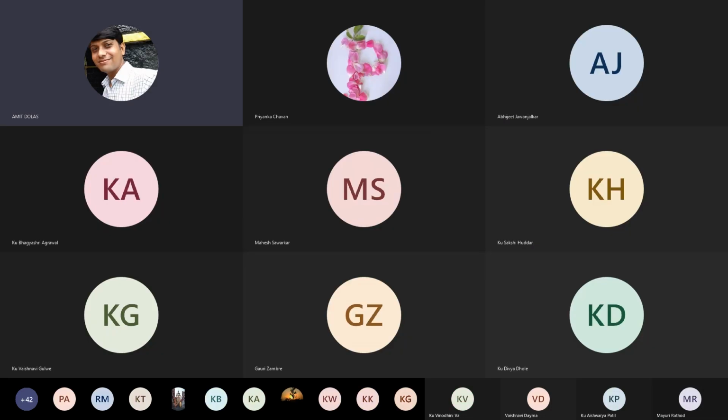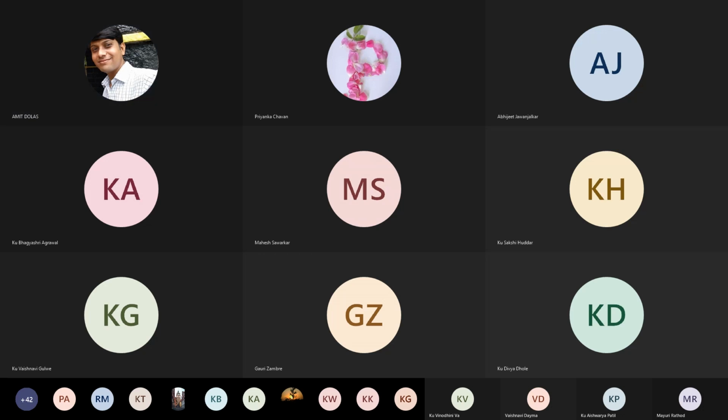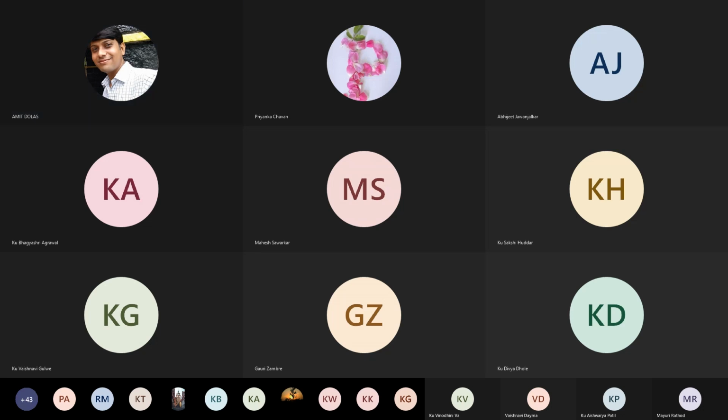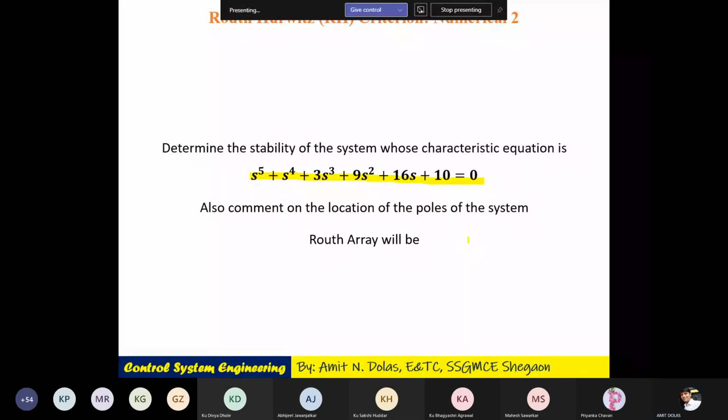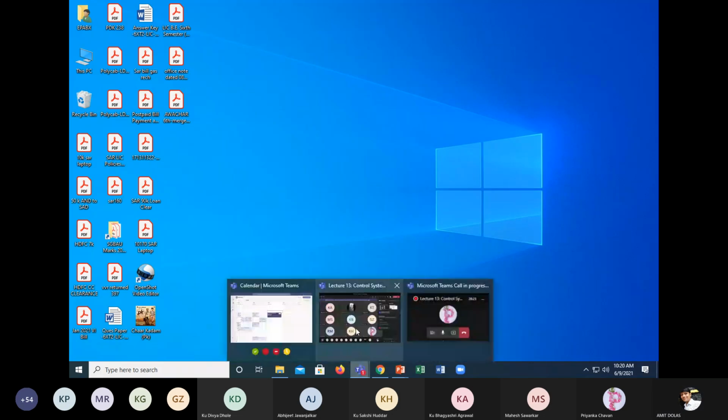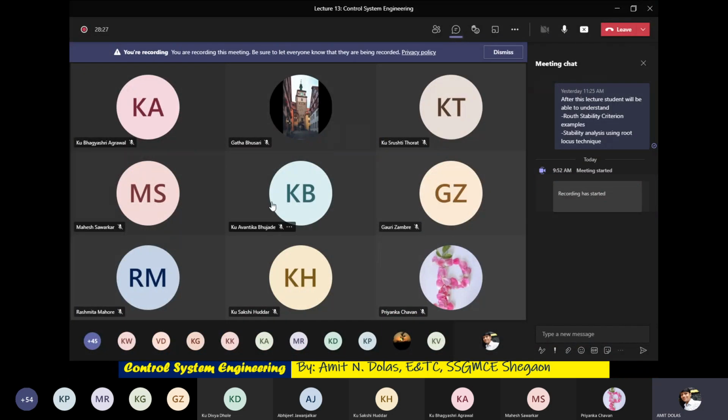You may write the answer into the chat box, separated by commas.